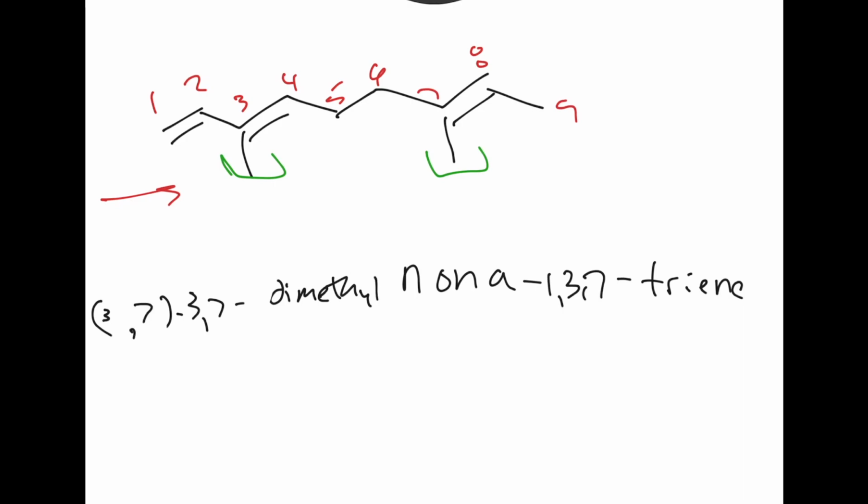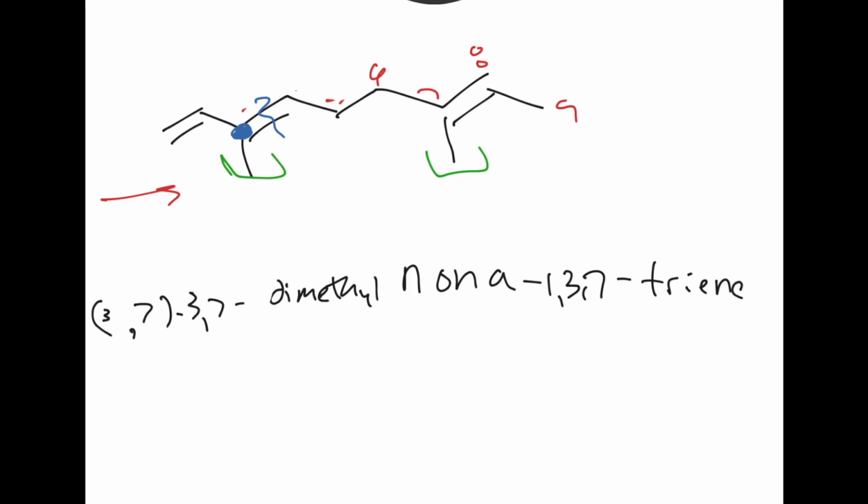Okay, so this double bond between 3 and 4, is that E or is it Z? It's E. So remember what we do? We take our double bond, split it in half, and assign priority to each group on the vinyl carbon. We look at this carbon and ask what has higher priority, the methyl or the ethylene, the double bond.